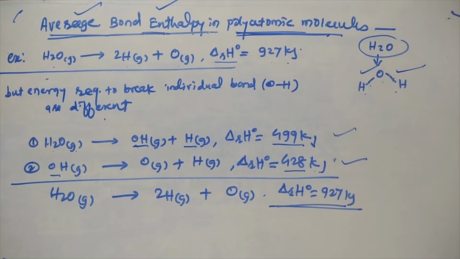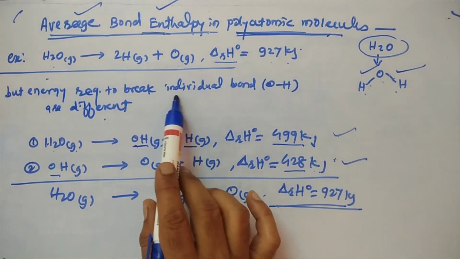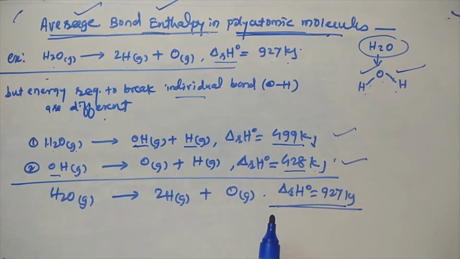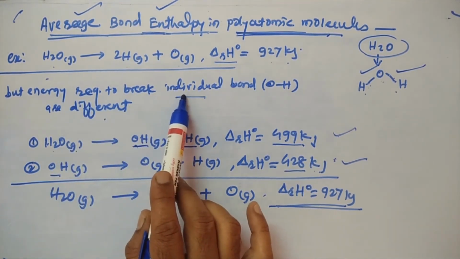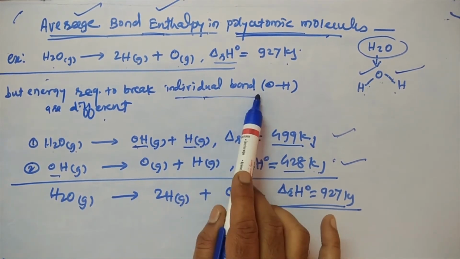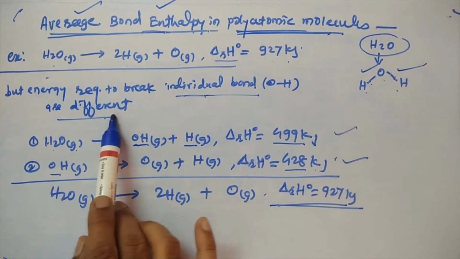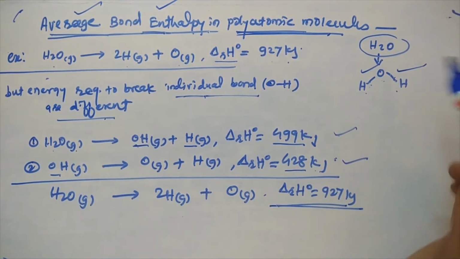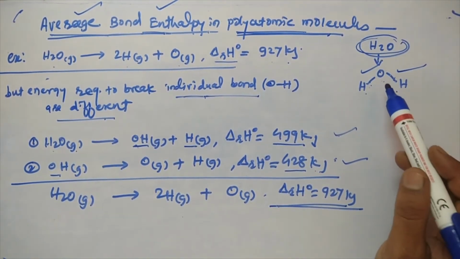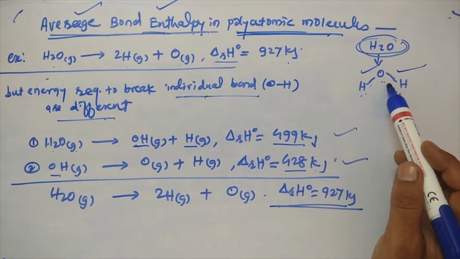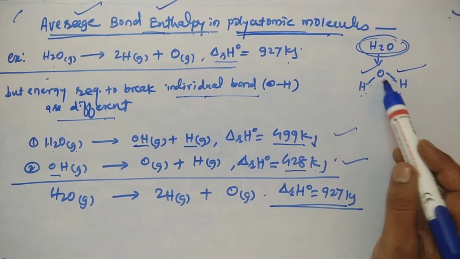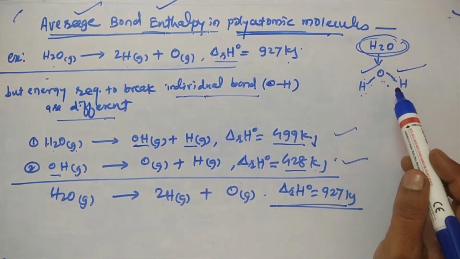In a polyatomic molecule, each individual covalent bond is associated with its own specific bond enthalpy. So the energy required to break each individual bond is different. If we consider H2O, we find 2 OH bonds which are identical, but the energy required to break each individual bond will be different.